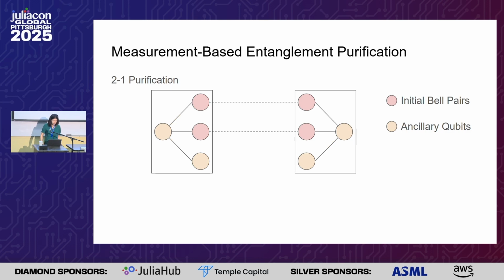Then what we do is we entangle these qubits by creating a cluster state. Basically, we initialize the yellow ancillary qubits with plus state and apply C-phase gates for the lines drawn over there.